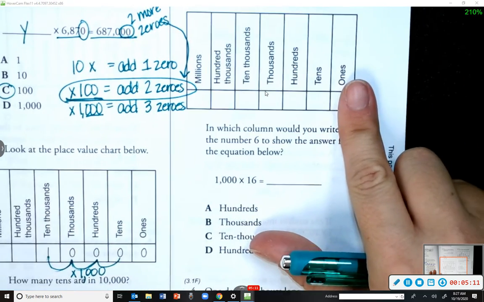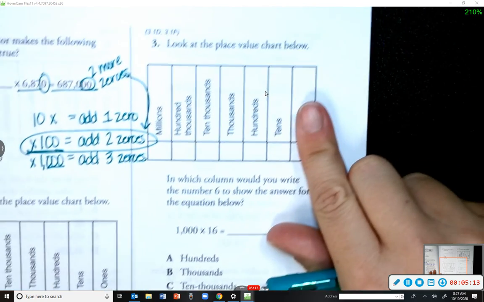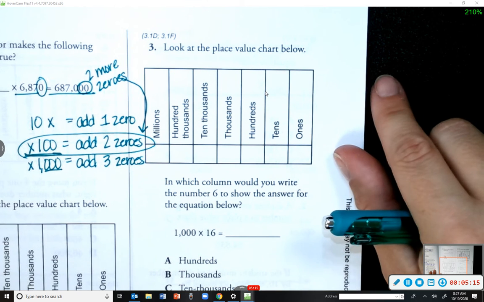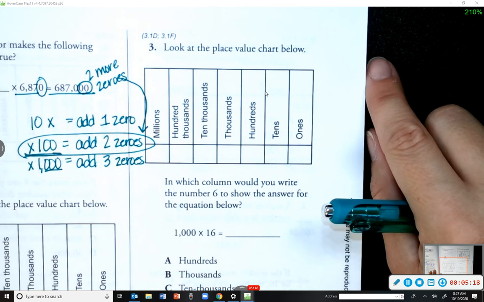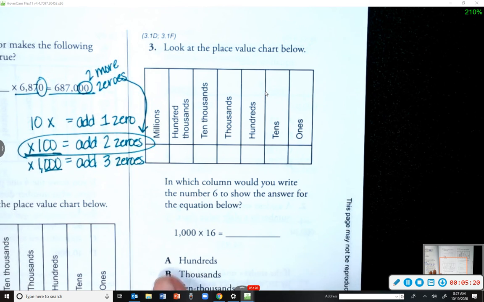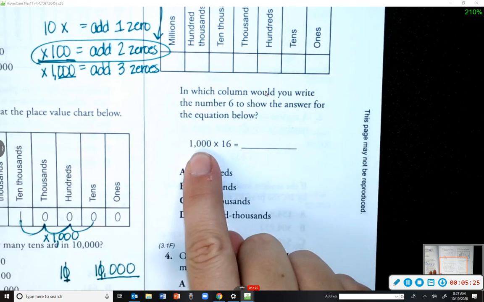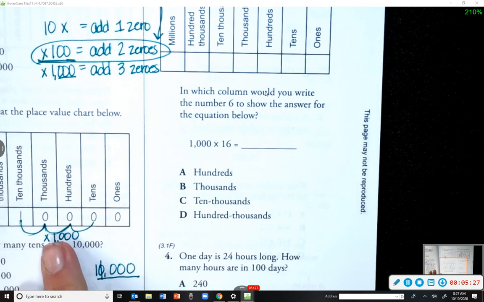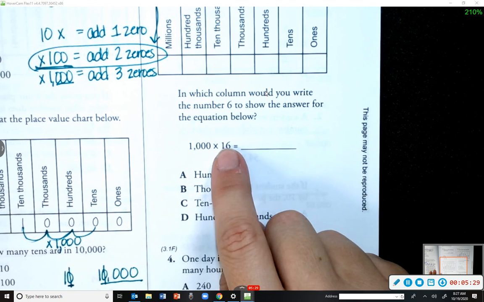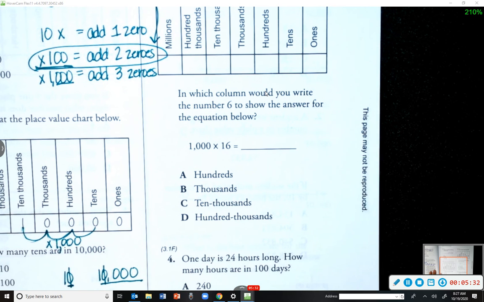Let's try number 3. Look at the place value chart. In which column would you write the number 6 to show the answer for the equation below? So here's our equation. So if I'm doing 1,000 times 16, what can I do? Do I need to actually multiply it out, or can I just add zeros to the end of it? Add zeros to the end of it. How many would I add? 3. Good.